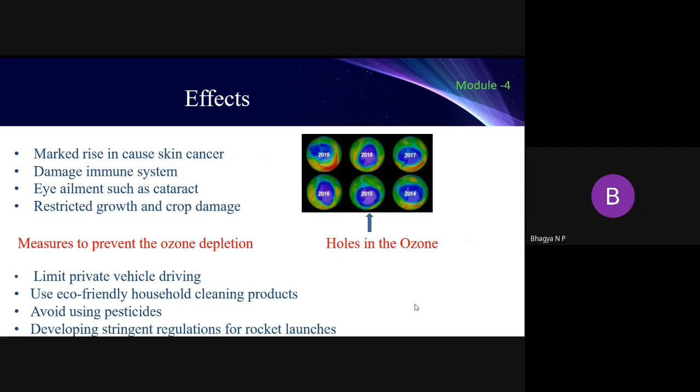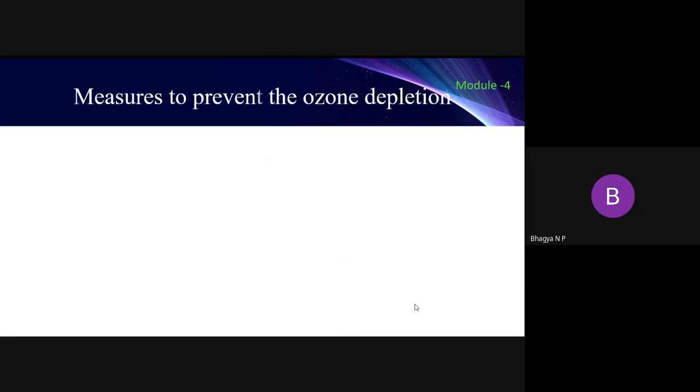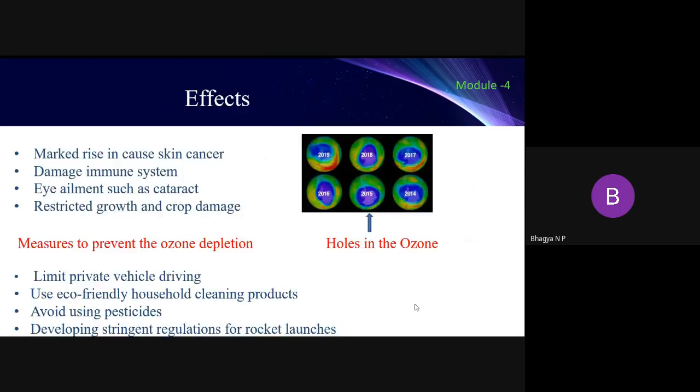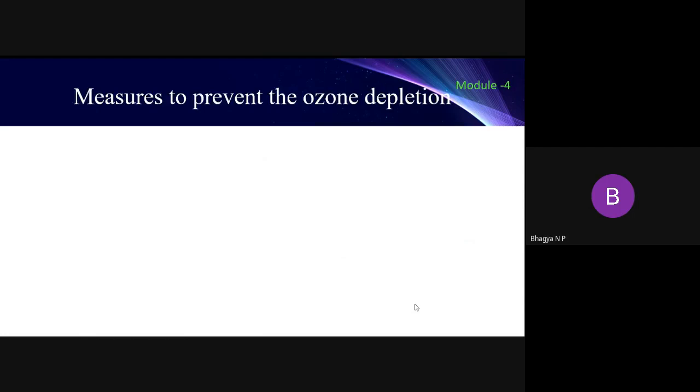And banning the products which mainly depend on nitrous oxides. Instead of that, we have to use eco-friendly products. By doing so, we can prevent ozone layer depletion.